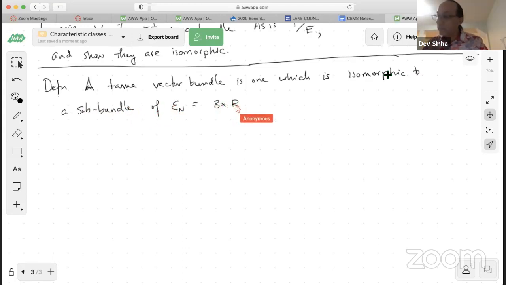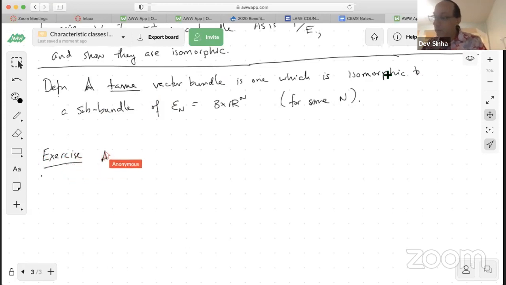For some n. So pretty much everything we're going to do in this class is on tame vector bundles. Let me give you an exercise, proposition exercise. All vector bundles over compact, or more generally paracompact bases are tame.